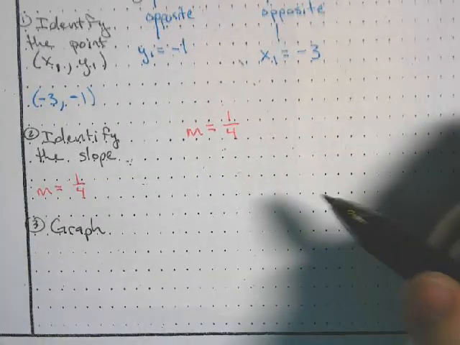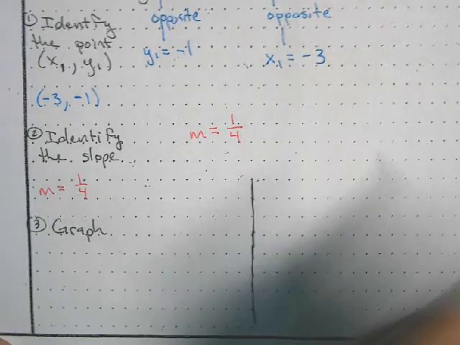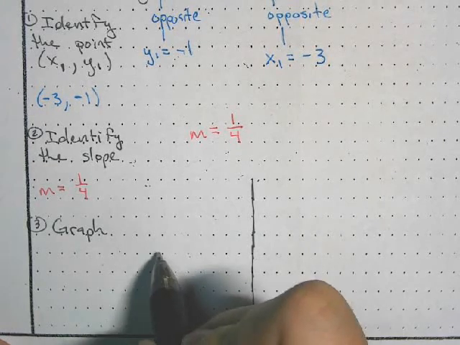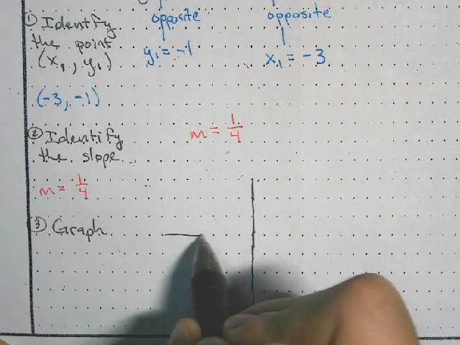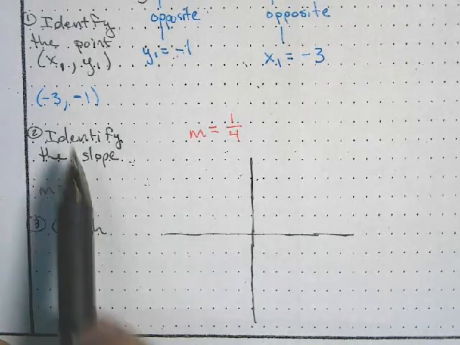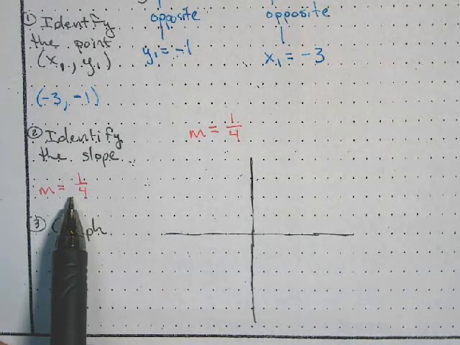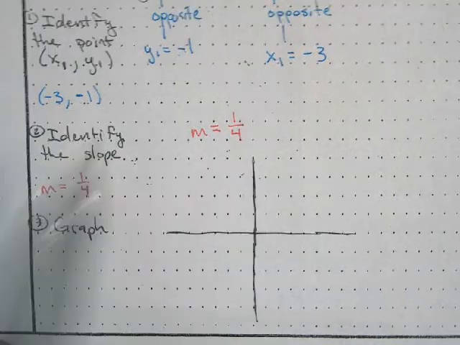So we'll draw our xy axes, use our point -3, -1, and use our slope, 1 over 4.